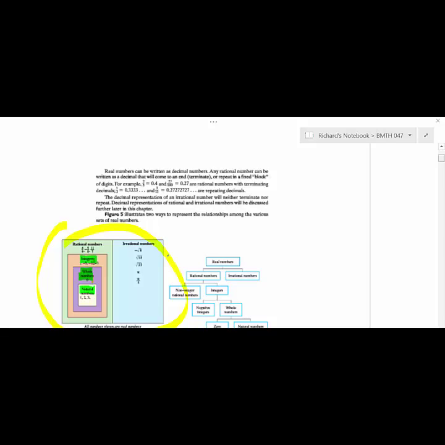The whole numbers are contained in the integers, and the integers are contained in the rational numbers. However, the irrational numbers are their own set, and they're not directly related to any of those other sets. When we consider the natural numbers, whole numbers, rational numbers, as well as the irrational numbers, the collection of all these numbers are the real numbers.